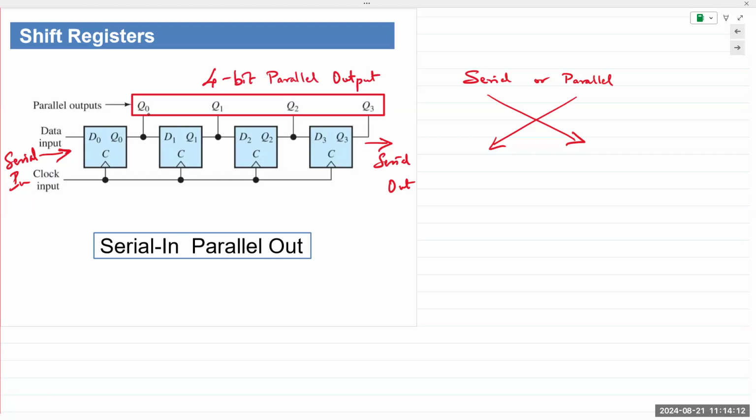Okay. You also have a parallel in and serial out. Okay, parallel in and serial out.